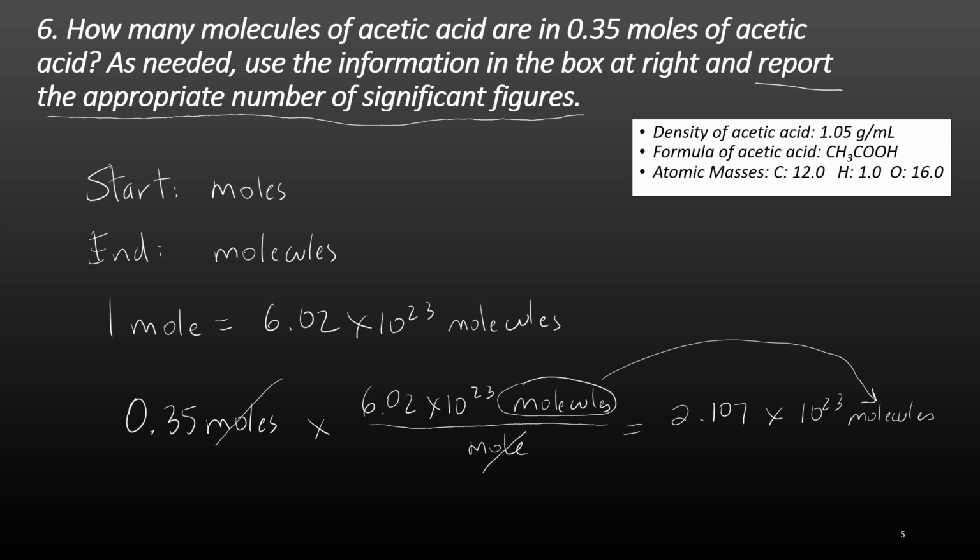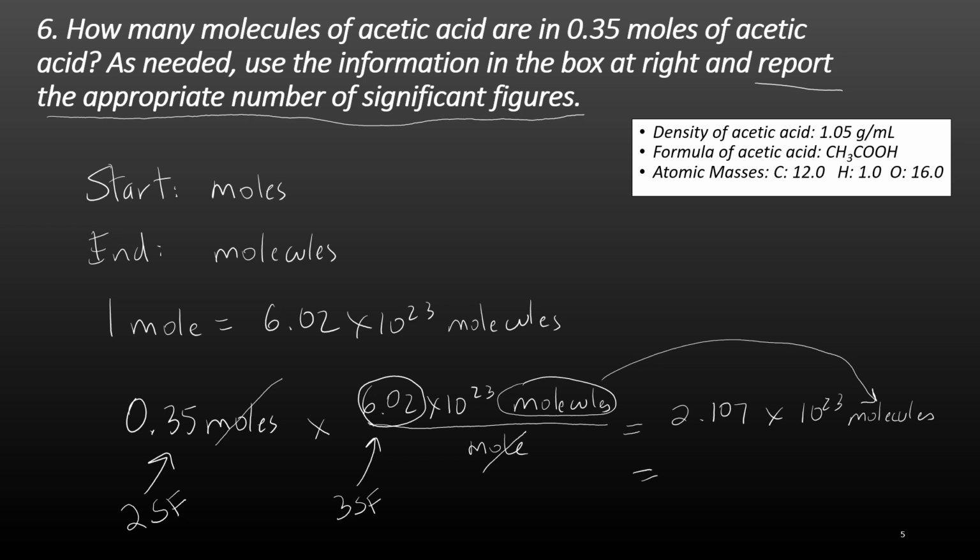Now all we have to do is think about significant figures. Well, up here where we started, we had 2 significant figures in moles, right? The leading 0 here is not significant. In the coefficient of scientific notation, we had 3 significant figures. So our minimum is 2. In multiplication, we're going to use the lowest significant figures of the things we're multiplying.